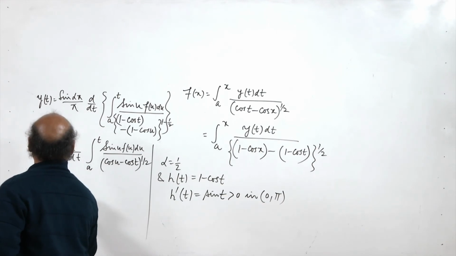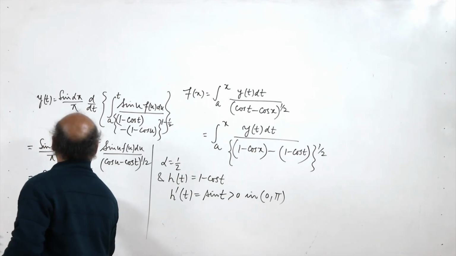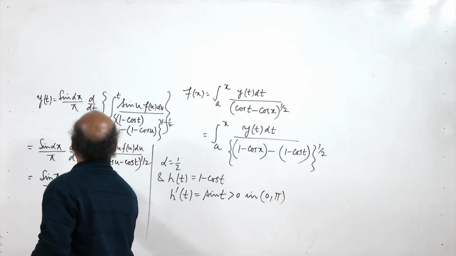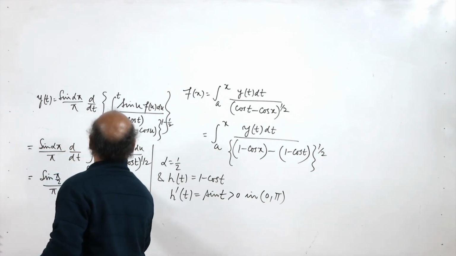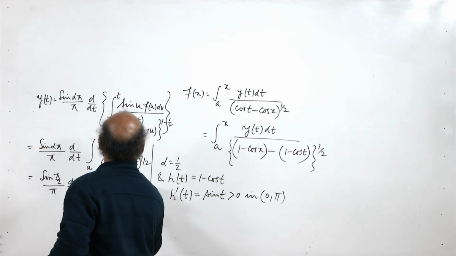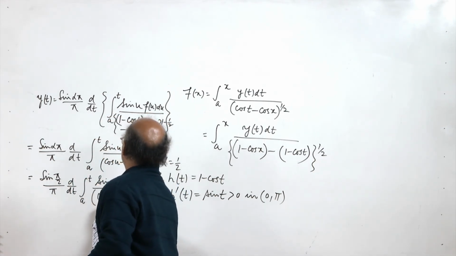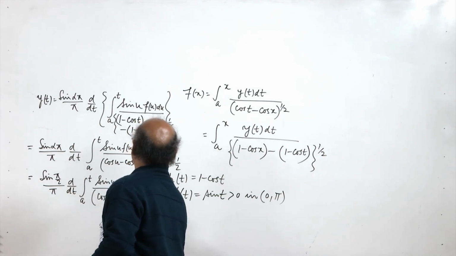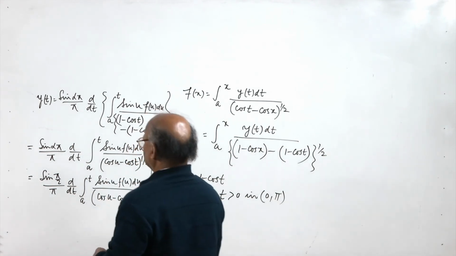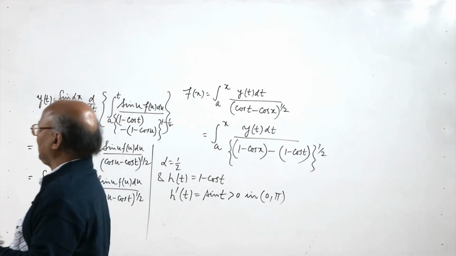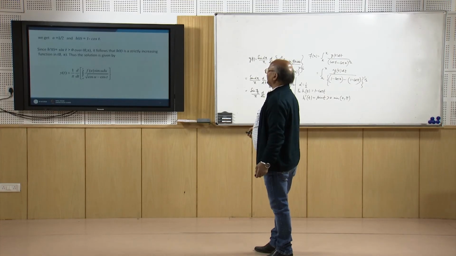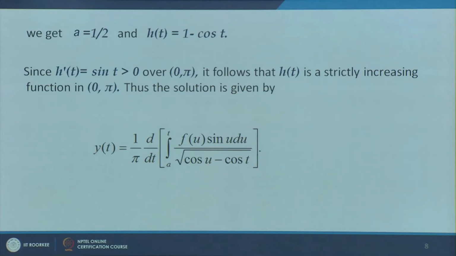Sin(pi by 2) is 1, so we have φ(t) equal to 1 over pi, d over dt of the integral from a to t of f(u) sin u du over the square root of cos u minus cos t.